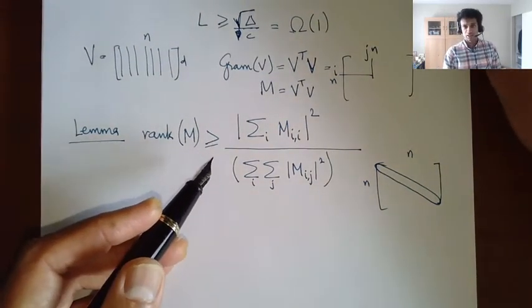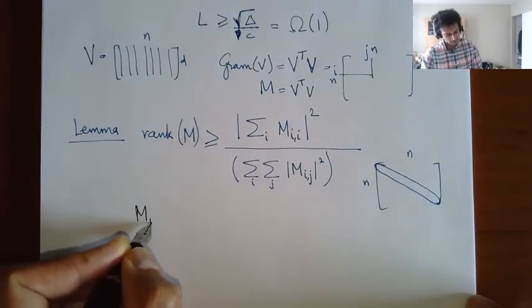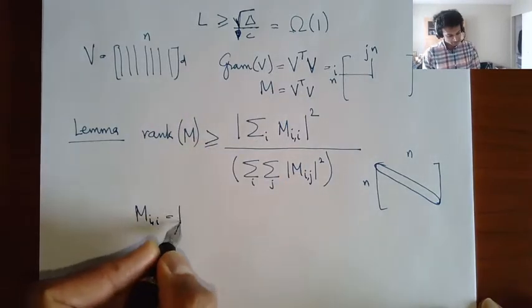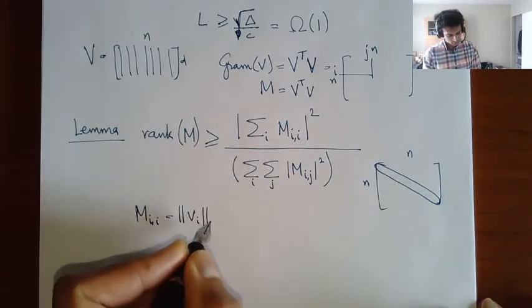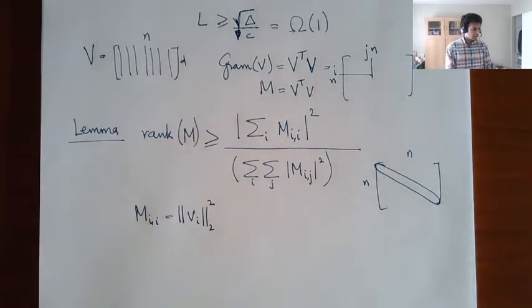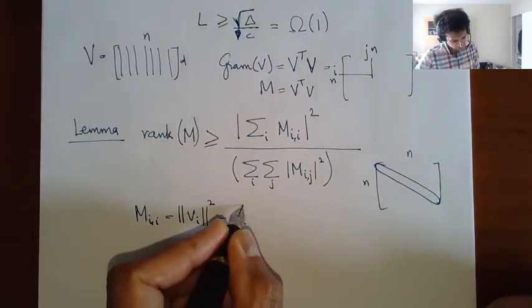Why does this connect to triangles? Well, what is the diagonal entry of the Gramian matrix? It's exactly this. It's the 2 norm squared. The diagonal entry is exactly the 2 norm squared. We assumed that all the lengths were the same, and so this is exactly L squared.